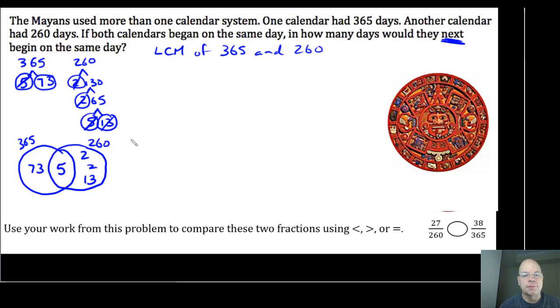The least common multiple now would be 73 times 5 times 2 times 2 times 13, but it's probably easier to just do 260 multiplied by 73.